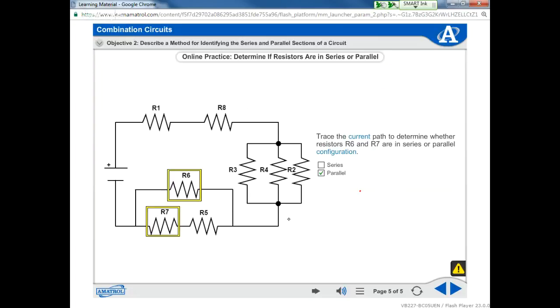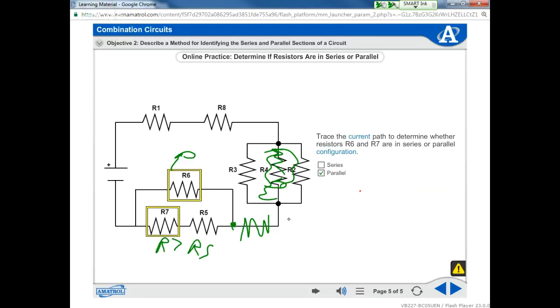So inside of here, between these two nodes is a parallel configuration. Between this node here is a series configuration. Here it splits. They didn't put a node there. Now we're in parallel configuration here. This is parallel, but we are still in parallel with R7 and R5.